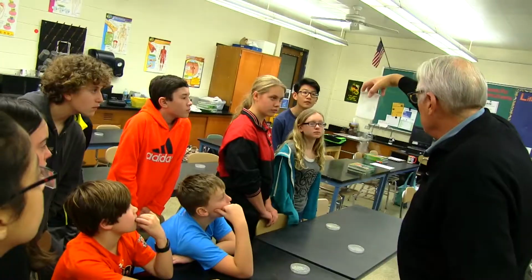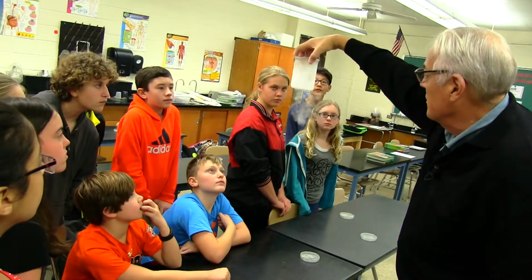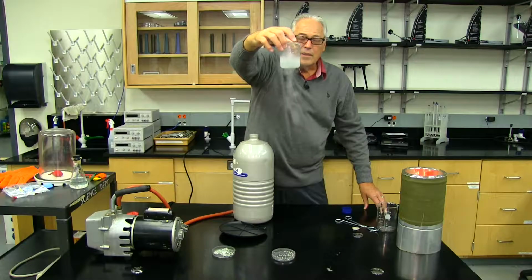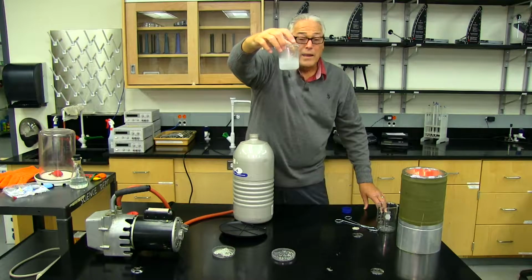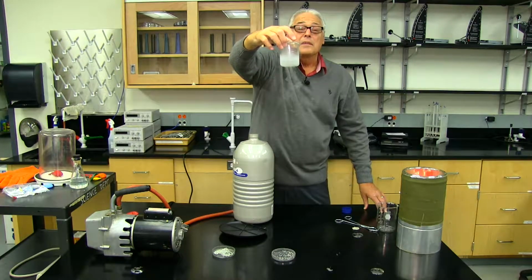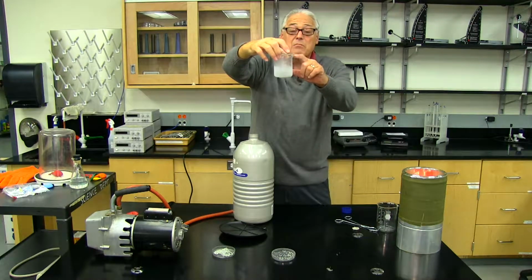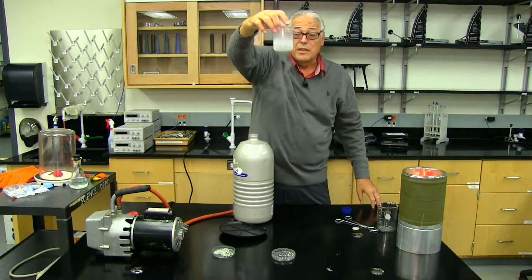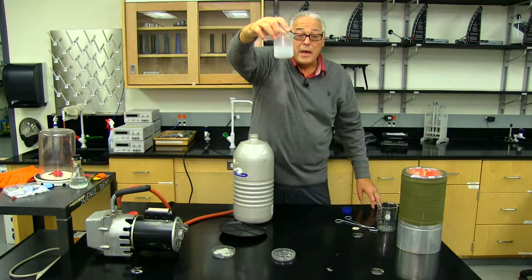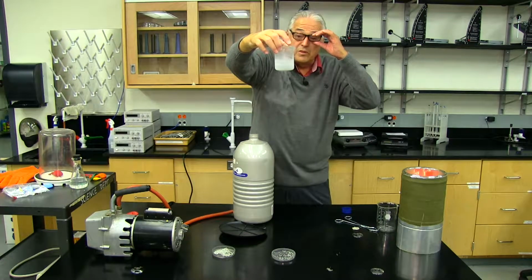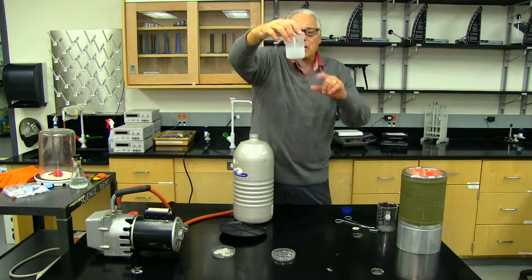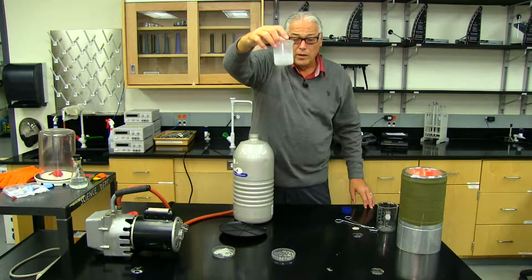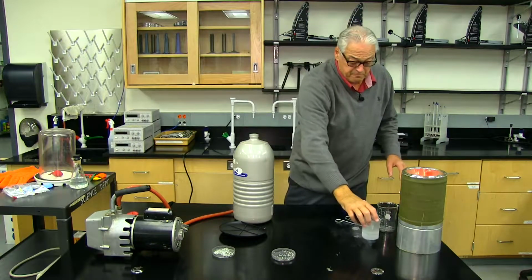And listen. It stops boiling. Why did it stop boiling? It stopped boiling because the temperature of the bottom of the flask got to the same temperature as the liquid nitrogen. When that happens, the boiling stops. We're going to talk about boiling a little bit later, but I wanted to show you just how cold liquid nitrogen was.